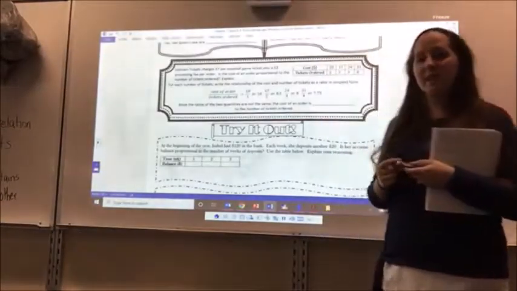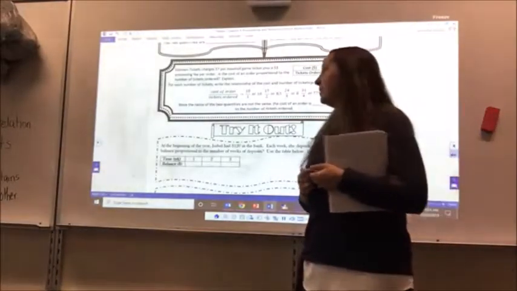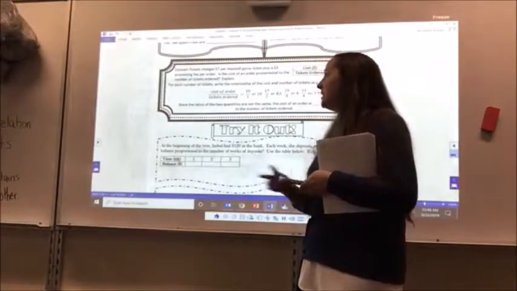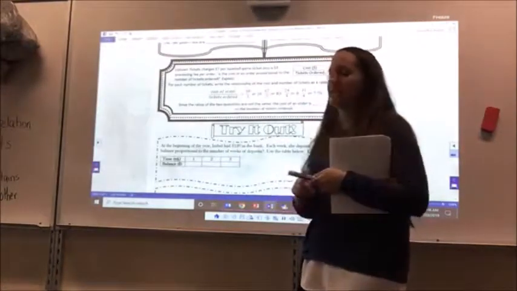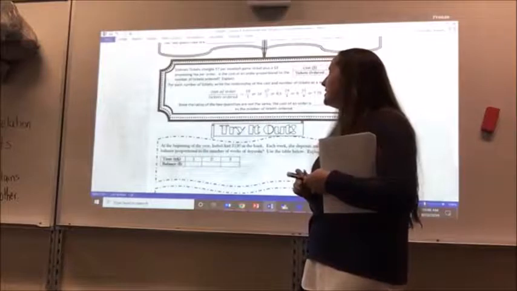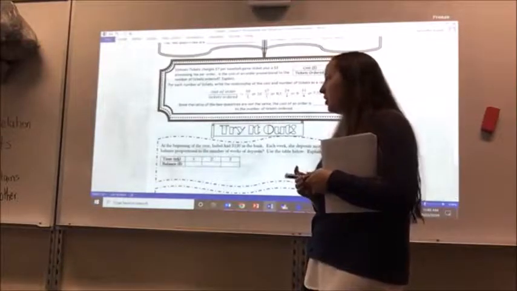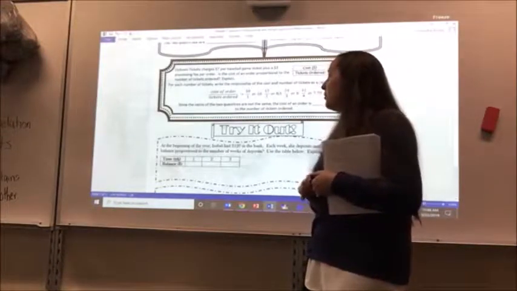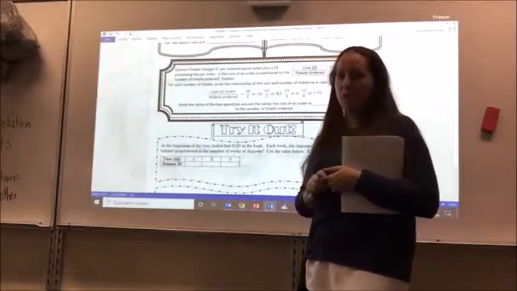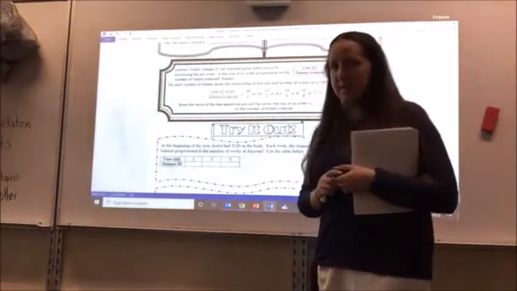All right, so let's take a look at an example. Uptown Tickets charges $7 per baseball game ticket plus a $3 processing fee per order. Is the cost of an order proportional to the number of tickets ordered? Then you want to explain your reasoning.